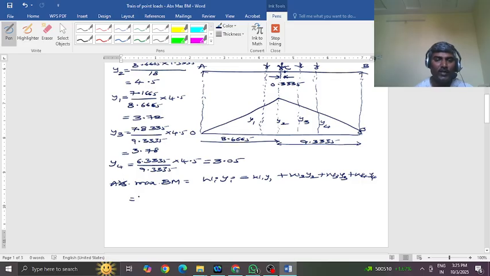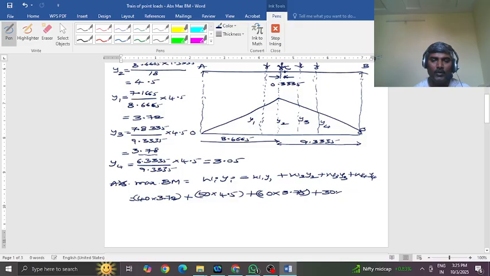Under the 40 kilonewton, the ordinate is 3.72, under the 50 kilonewton, the ordinate is the highest value 4.5, under 60 it is 3.78, and under 30 it is 3.05.